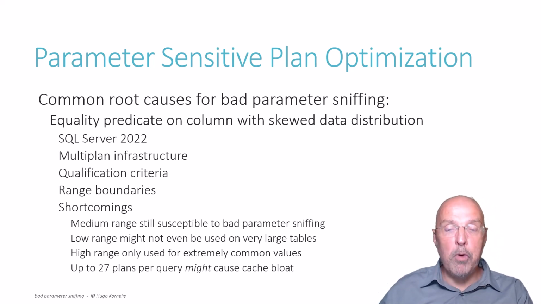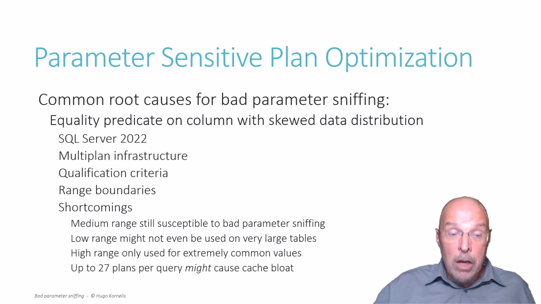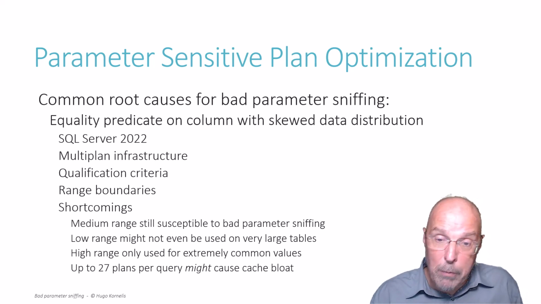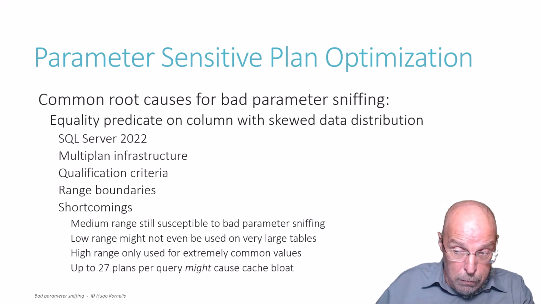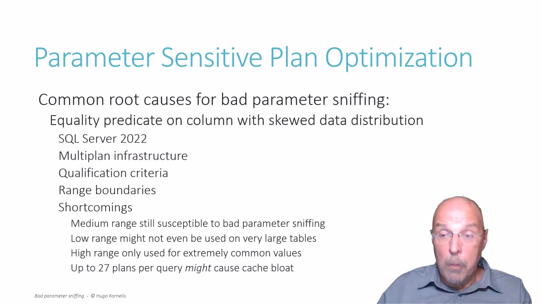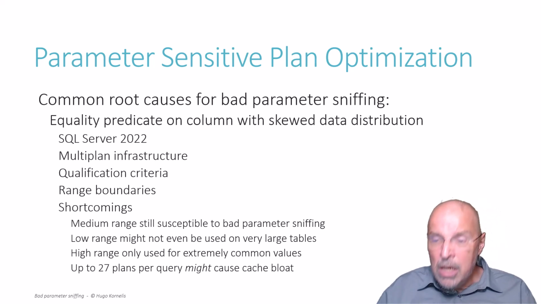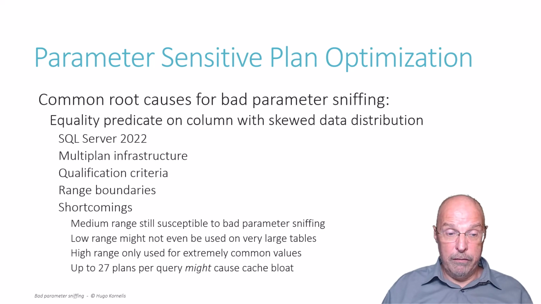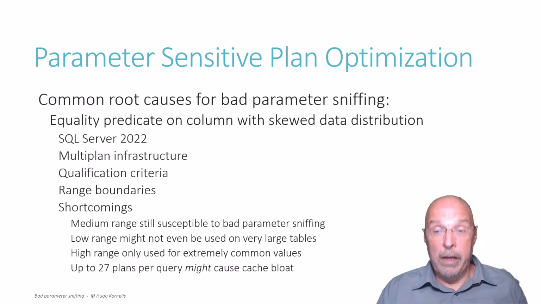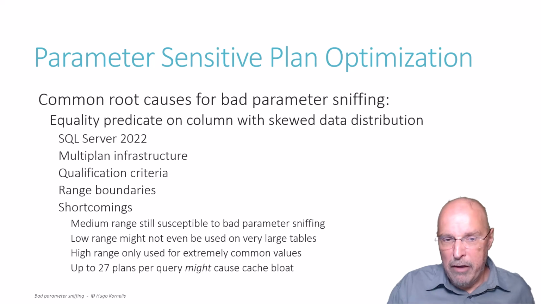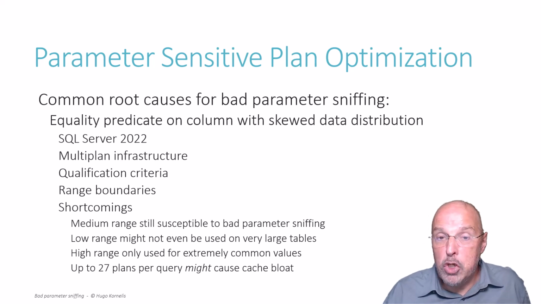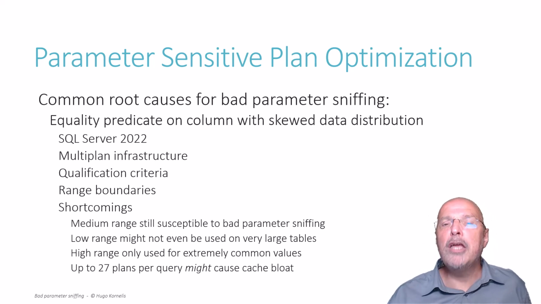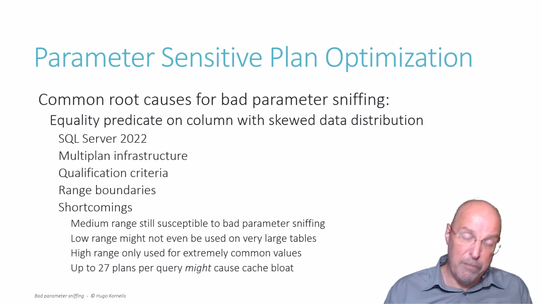You do get more execution plans in the plan cache, which means cache bloat, which means memory pressure, which means that plans have to be evicted more often to respond to memory pressure, which results in more compilations. So that is the trade-off. If you currently do not have cache bloat and you don't have PSPO on thousands of queries with 9 or 27 plans in all cases, then this will not be an issue. But some specific high usage scenarios might have problems with this.